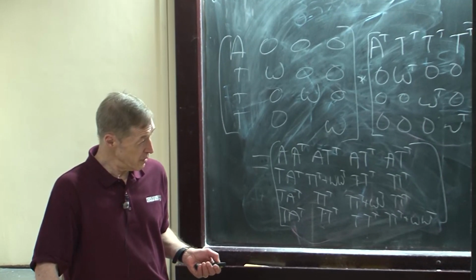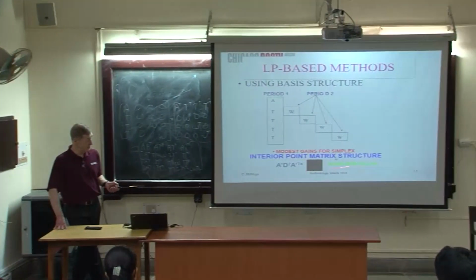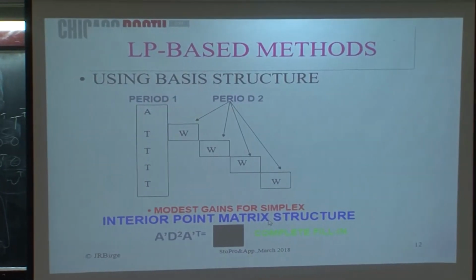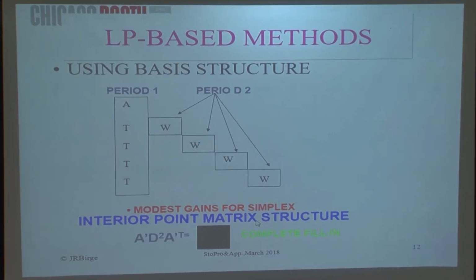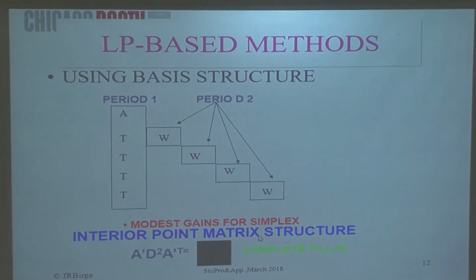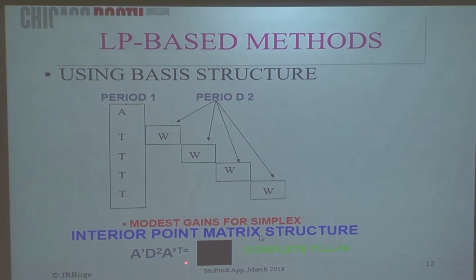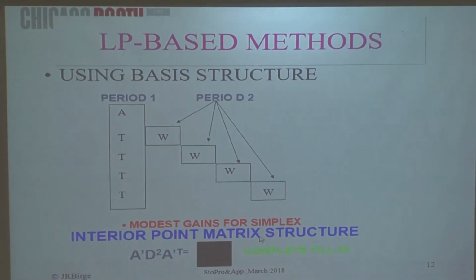So effectively with this fill-in, if you just attack these problems directly, you're not going to be able to solve them. So we have to look at them in a different way in order to preserve any kind of sparsity.